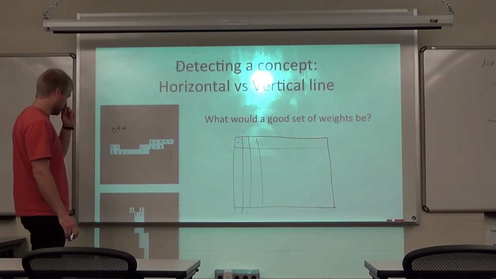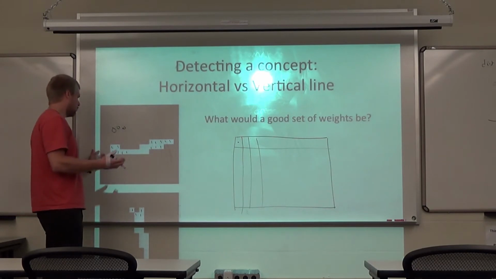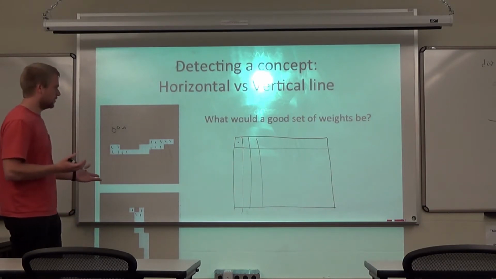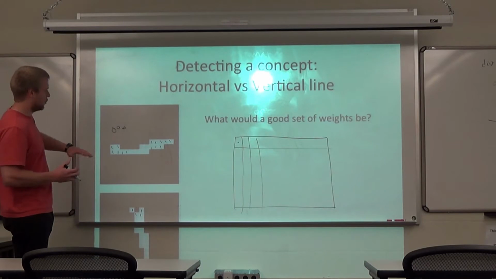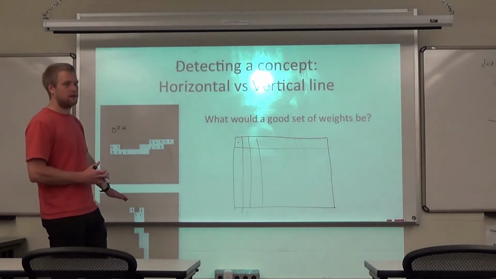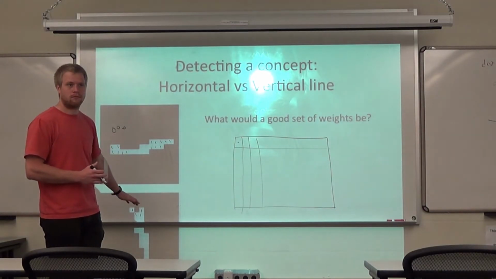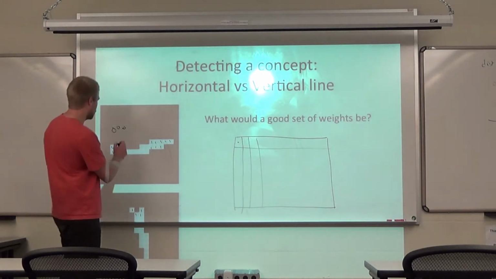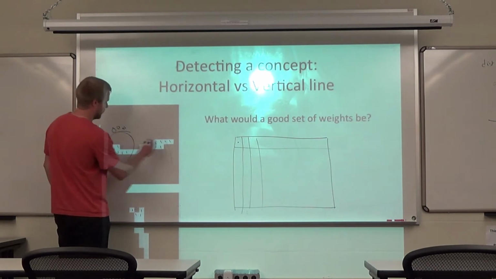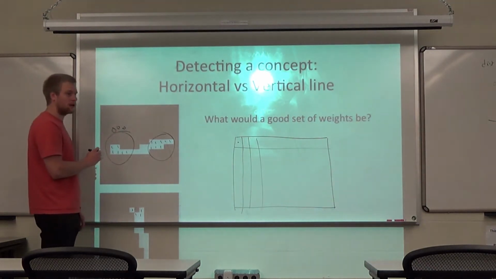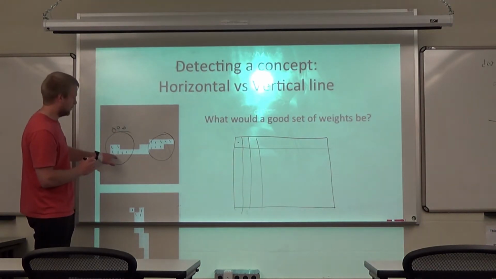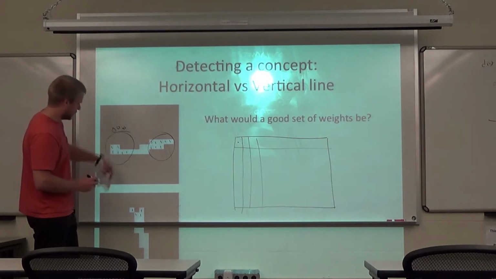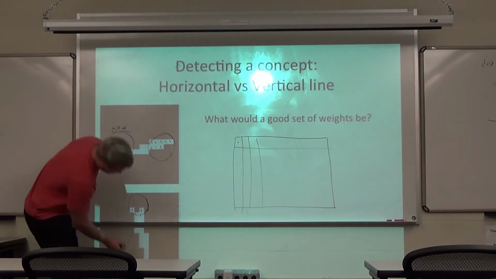So what pixels are on when it's a horizontal line but not a vertical line? I'm sorry? One's on the left. Right, so if this is an image, normally around here there'll be a lot of on pixels, but in the vertical case, a lot of the pixels will be on here.